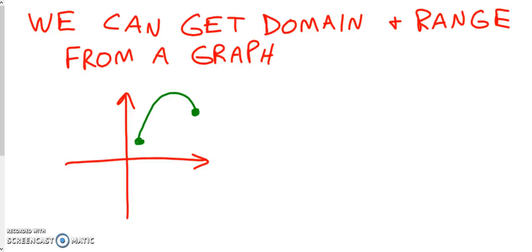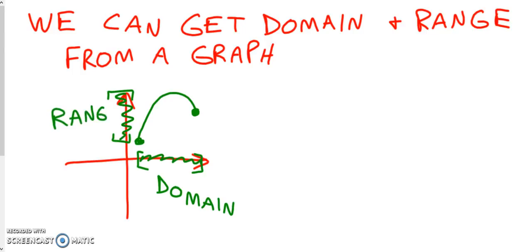Basically, if I look at all the possible x values for this function, which would be from there to there, this set right here would be my domain. So from left to right. And then to get the range, you would go from the lowest point to the highest point. Now notice that that's not necessarily where the endpoints are. It's just the lowest point on the graph to the highest point on the graph.